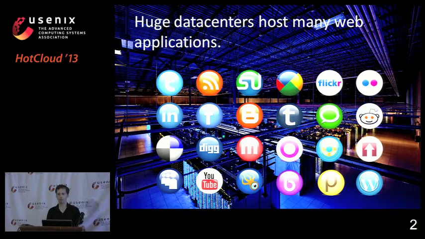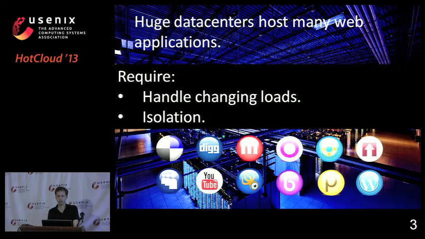This is a bit higher level. We have today these huge data centers, as we keep mentioning, that run web applications by different customers. These customers require the data center to handle changing loads, often rapidly changing loads, but they do prefer to have isolation from other customers and other services running together with them.